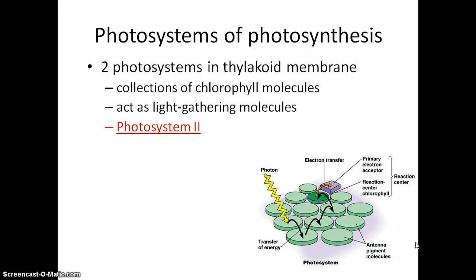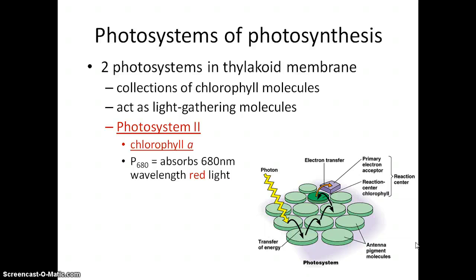We have photosystem 2, and they're named in the order that they were found. Photosystem 2 was found second, although it's the first photosystem in the light reactions. It's called P680 because it absorbs the 680 nanometer wavelength of red light.